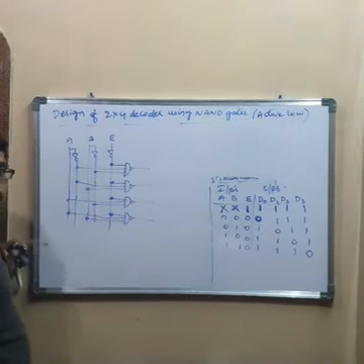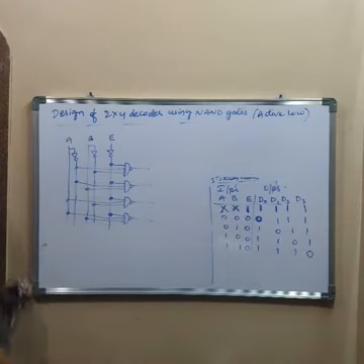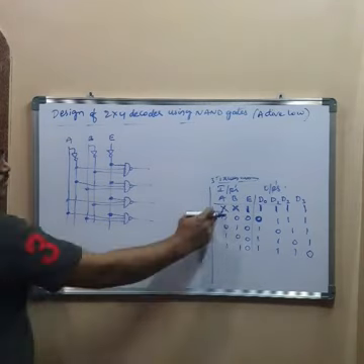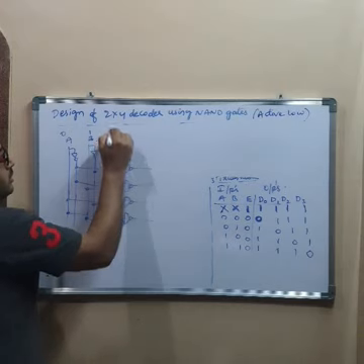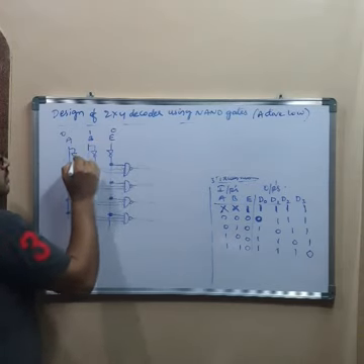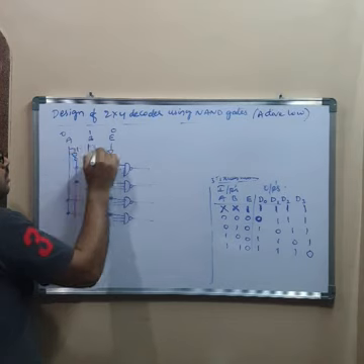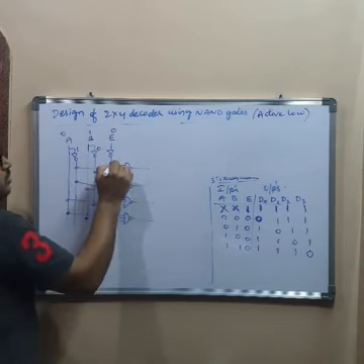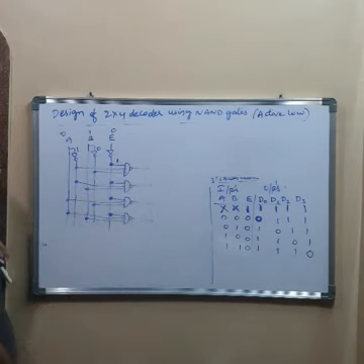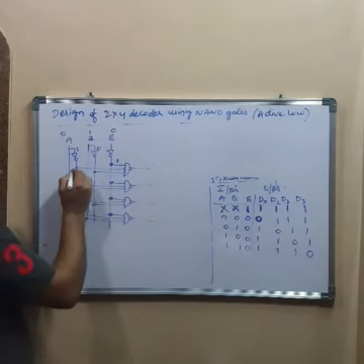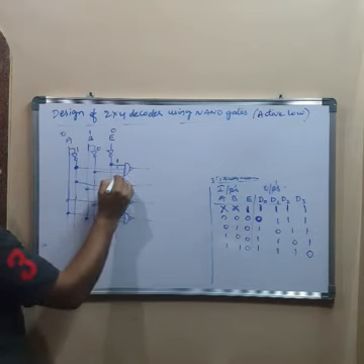Right? Now let us verify our design whether it is correct or not. You can take any combination. I will take 0, 1. Enable input is 0, and this is 1. This will be 0, so 0 complement will be 1. And this will be 1 and this will be 0.